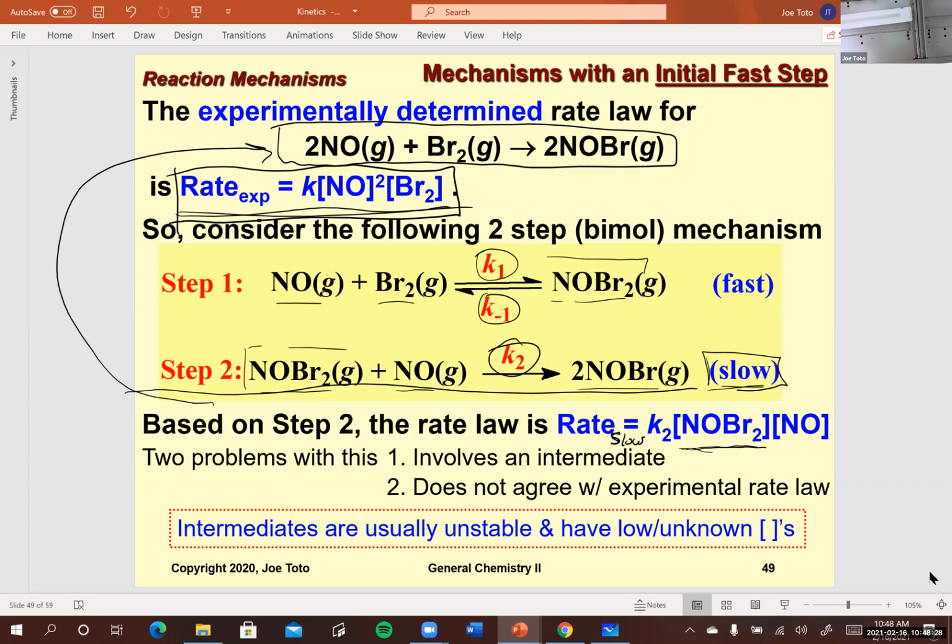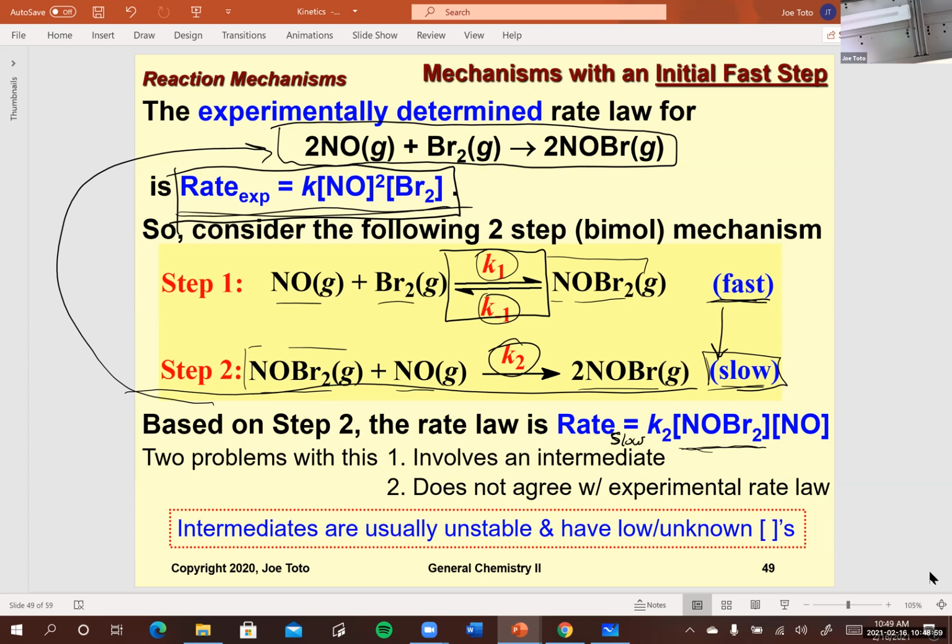There's one way to do that, and it occurs when there's a fast step that precedes the slow step. So it's before the slow step. And what scientists say is, if it's faster than the slow step, then it's going to reach equilibrium fairly quickly relative to the slow step.